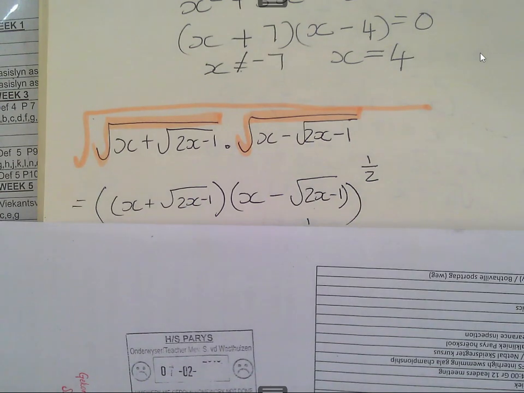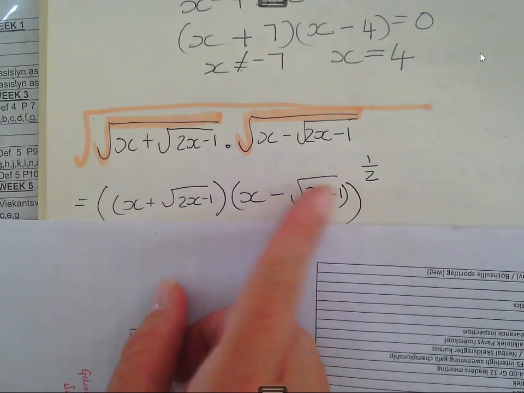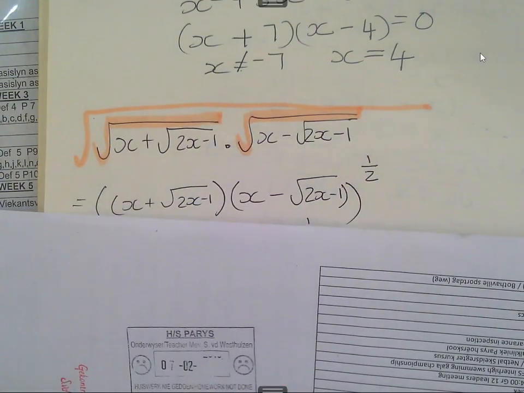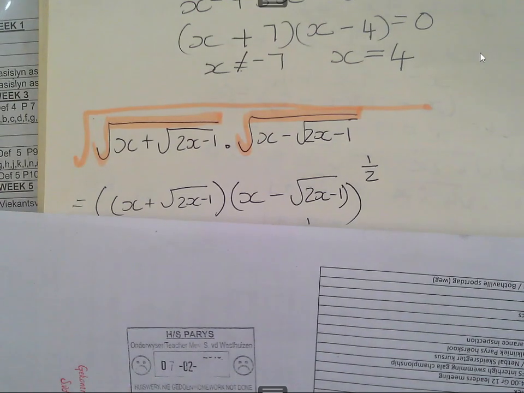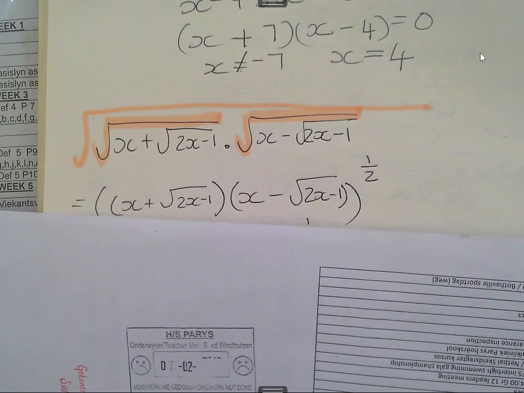Now I hope that maybe if you didn't see it there, when you see it in this format, the way I've written it here, you notice something about what's in this bracket and what's in that bracket. Do you notice something about it? Let me read it to you. It says x plus the square root of 2x minus 1 and x minus the square root of 2x minus 1.